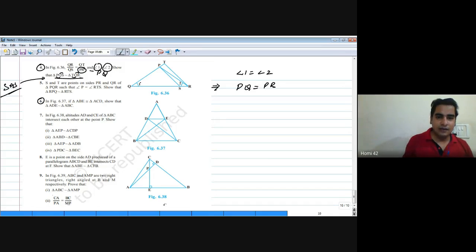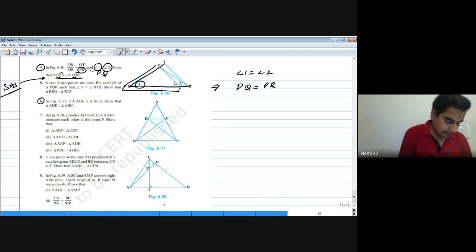Look, angle 1 is common in both of them, right? Angle 1 is present in triangle TQR, and angle 1 is present in triangle PQS also. So this angle is common in both. So that's the third thing that you can use. And both these triangles will be similar by SAS in that situation.